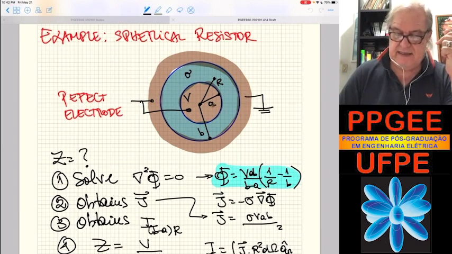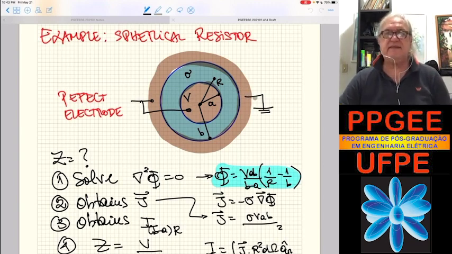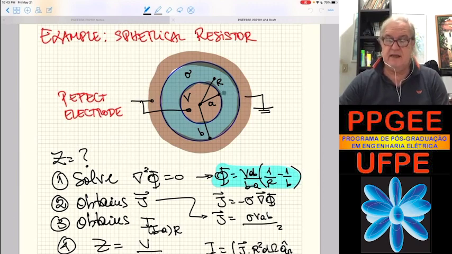Let's apply a voltage V relative to the outer electrode. What is the resistance of this region between A and B? This is a boundary value problem, Dirichlet type. Potential is V at R equals A, potential is 0 at R equals B. So solve the Laplace equation for the potential; we did that before already, it's very simple.